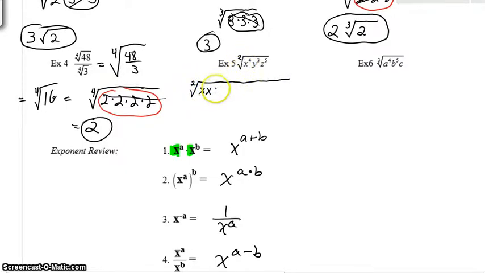I'm going to have 4 x's all multiplied in a row. That's what x to the 4th really is. I'm going to have 3 y's, and then I will have 5 z's. And now we're going to go on a search for 2 of the same item. Wherever I have a group of 2, I'm going to circle that.